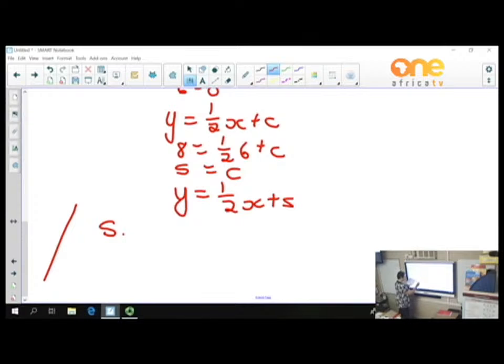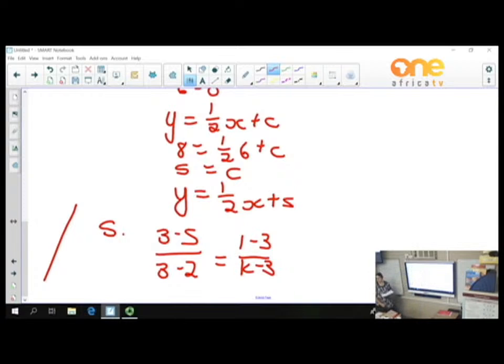So I can say that 3 minus 5 over 3 minus 2 is equal to 1 minus 3 over k minus 3. So the 2 gradients are equal. Then they will be on a straight line if my gradients are equal.